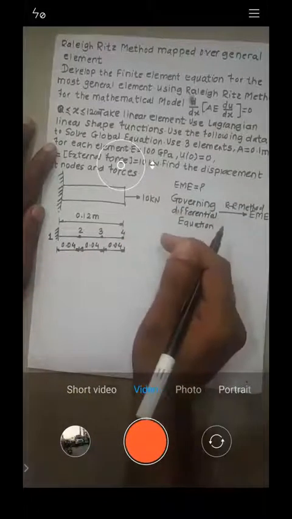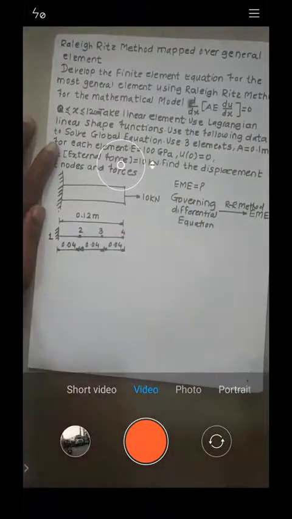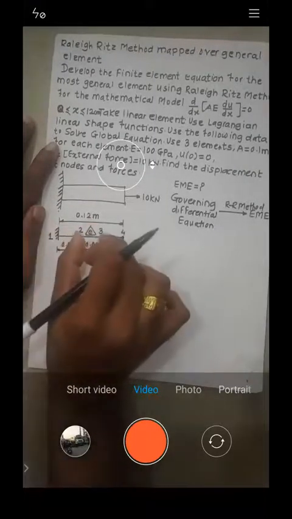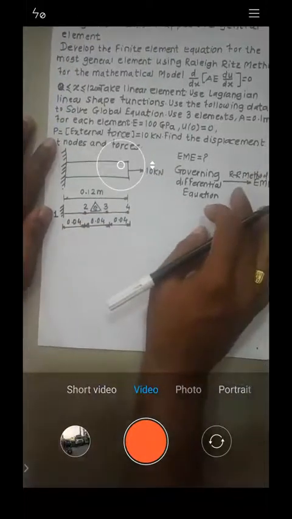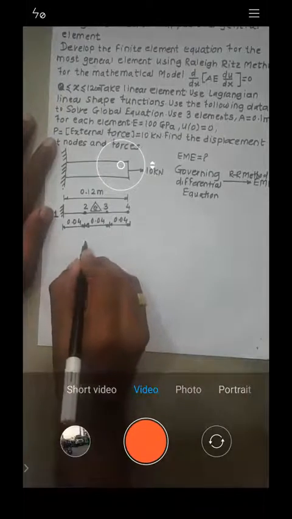I don't know the EME, so I will take any one of the elements, the most general element, and call that element E. It will have the properties like all other elements. So I just consider this element.